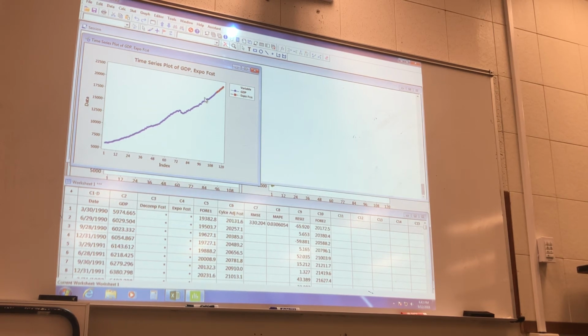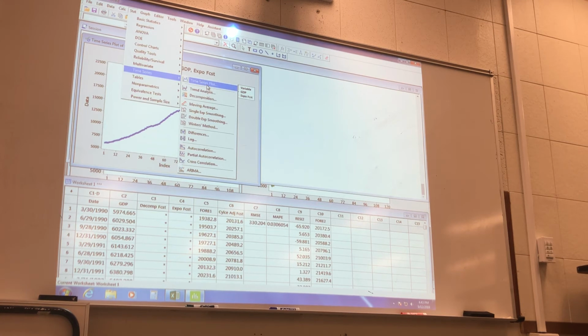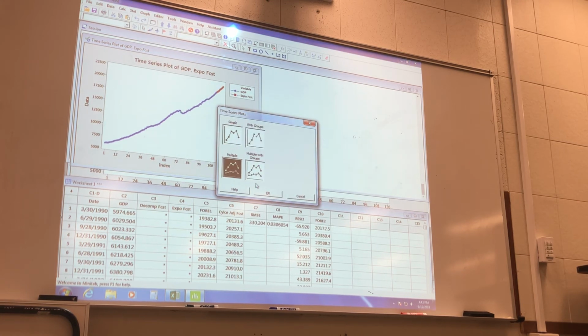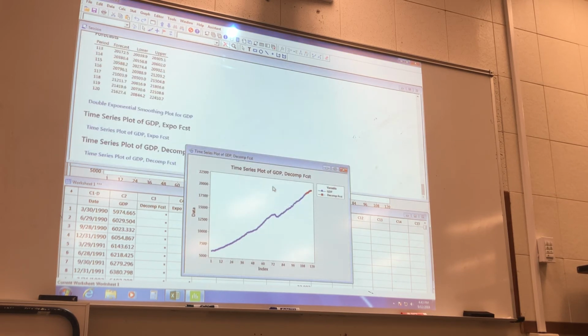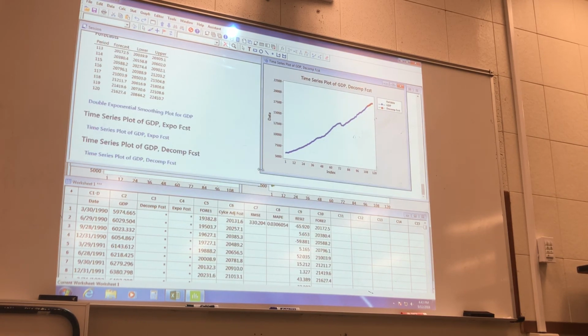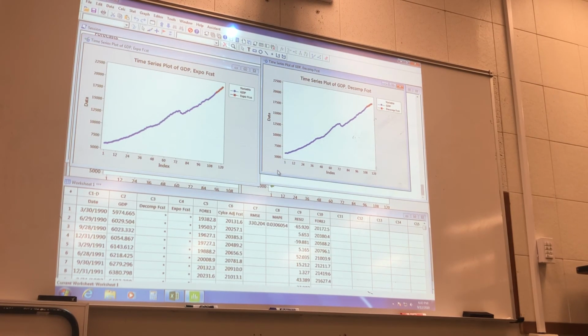Can't go wrong. Which do you like best? That? Or this? You like the left one, huh?